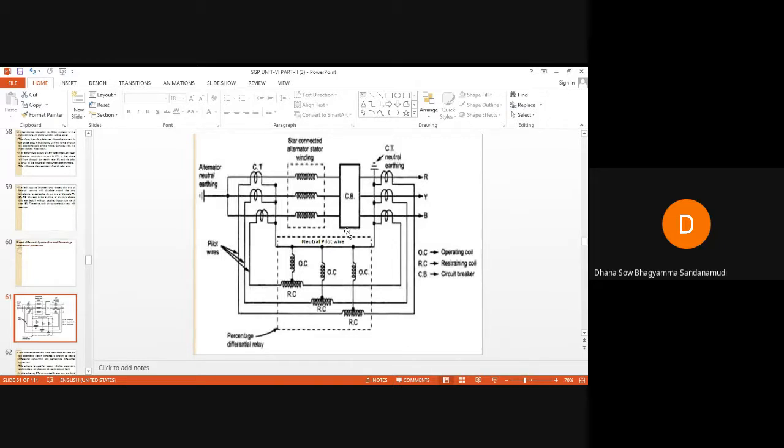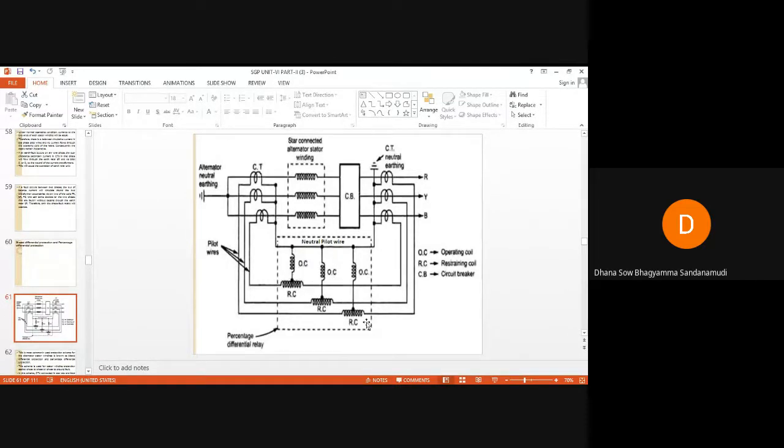Now let us assume there is a fault, either an LL fault or an LG fault here in the stator windings. Whenever there is a fault, definitely differential current has to flow through the operating coil of this protected section.